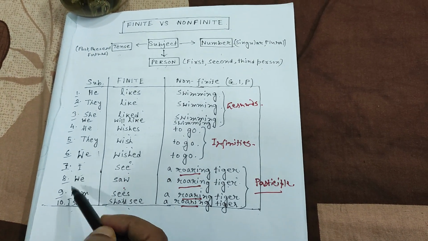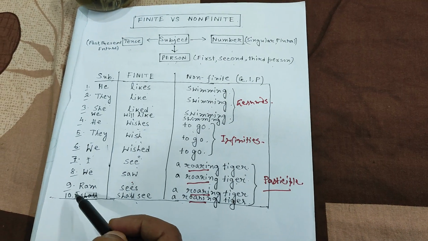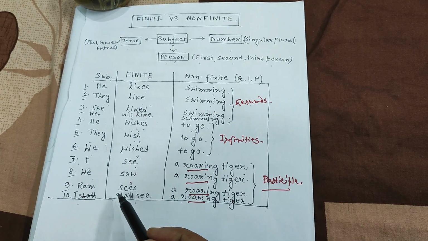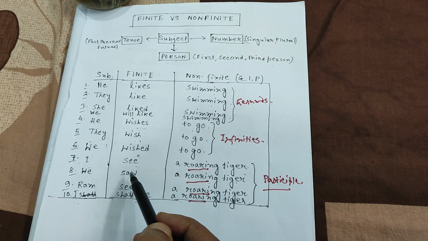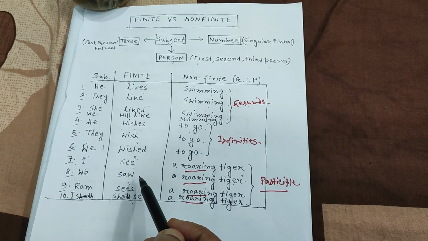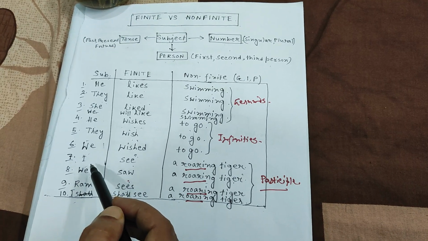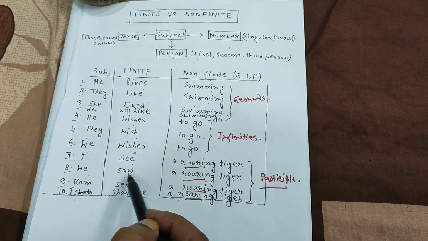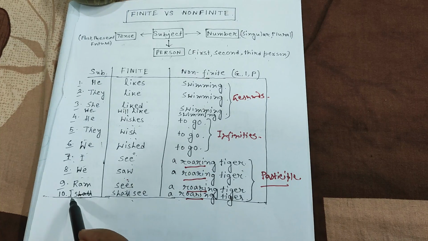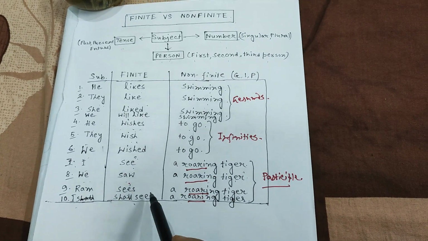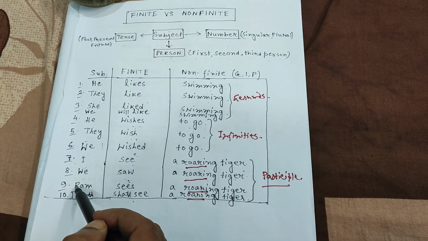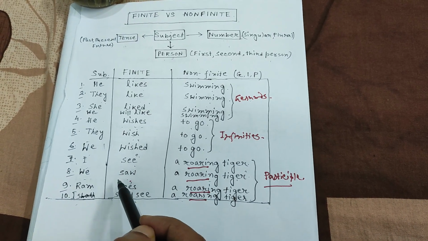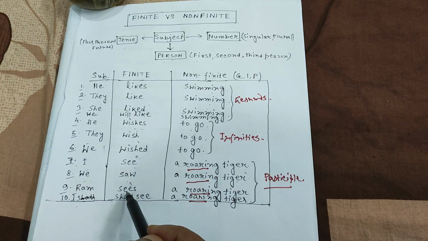Although there are different subjects here, the verbs are also changing according to tense, and according to the number and person of the subject. Such as I see, we saw if it is a past tense, I shall see if it is a future tense, Ram sees if it is third person singular and the tense is present, s is added to it.